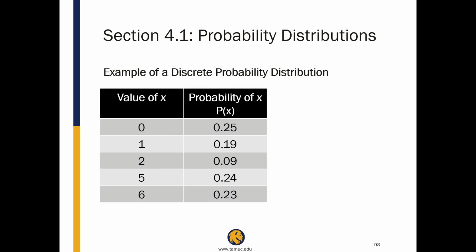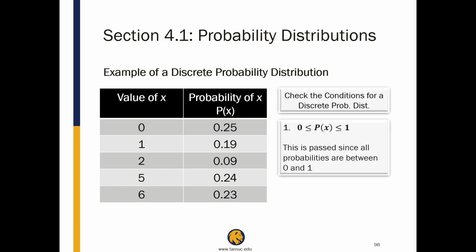Let's look at a table to give us an idea of what a discrete probability distribution looks like. Here we have the values of our random variable, which are 0, 1, 2, 5, and 6. And associated with each of those is a probability, p of x, to go with it. Does this setup meet the criteria for a discrete probability distribution?